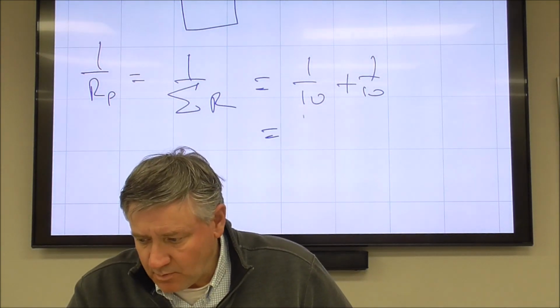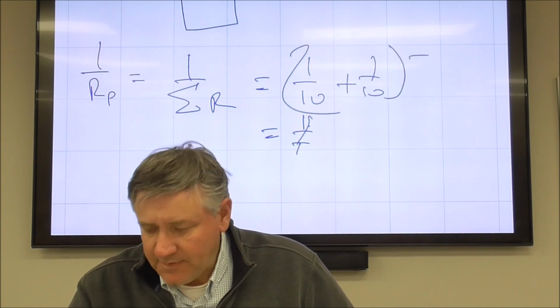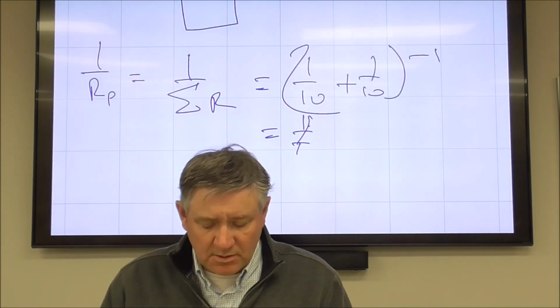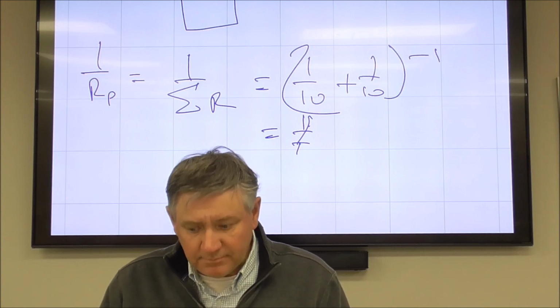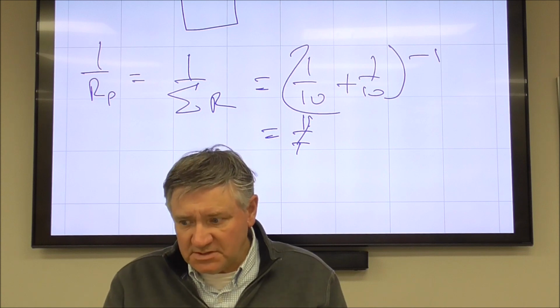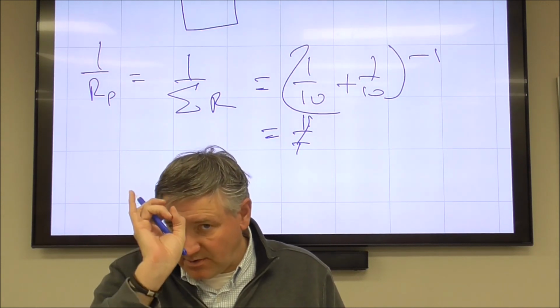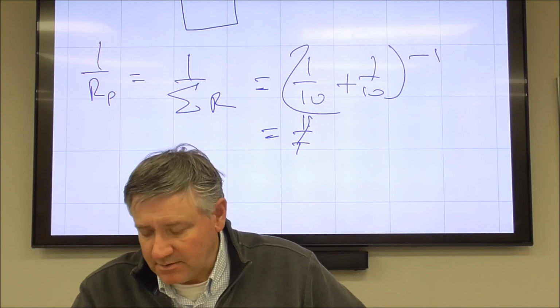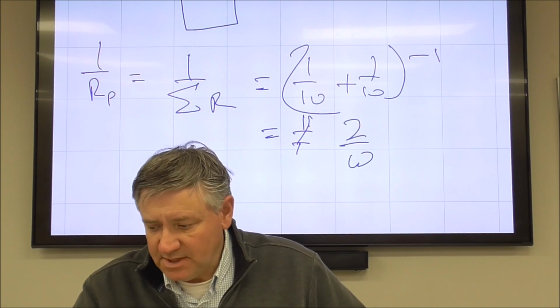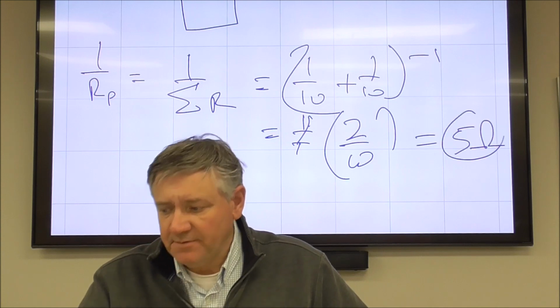So this is going to be 1 over 10 plus 1 over 10, and then we take the inverse of all that. A lot of times what you want to do is talk about what's called an equivalent resistor. If I take these two resistors that are in parallel and add them together, that gets me 2 over 10. I take the inverse of that, I get 5 ohms.